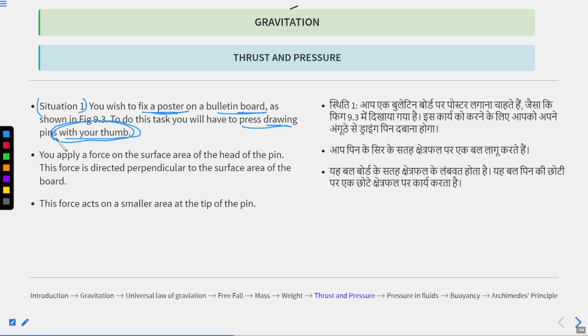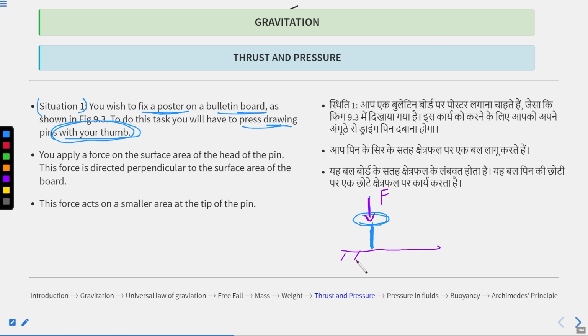So what he is trying to do: this is the surface of the pin and this is the rest of the pin. The boy is trying to push the pin with his thumb, so he is applying force, and this is the surface.